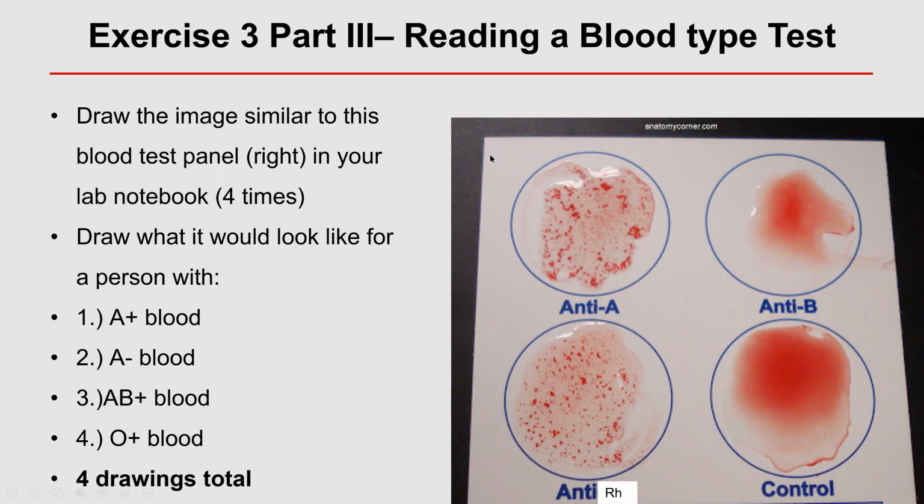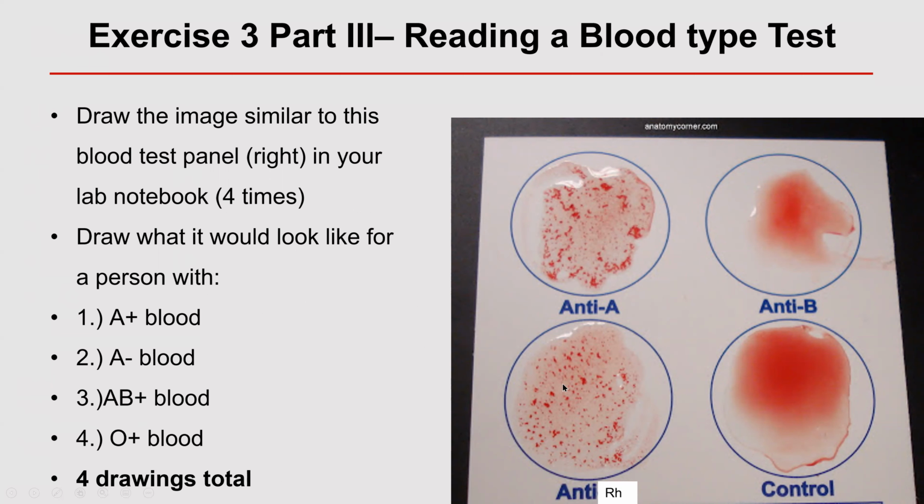In this lab exercise, we're going to have you draw 4 images similar to this blood test panel, with anti-A, anti-B, anti-Rh, and a control. And at the end of this exercise, you're going to have 4 drawings total, and what it would look like for these blood types listed below, what their blood type test would look like.